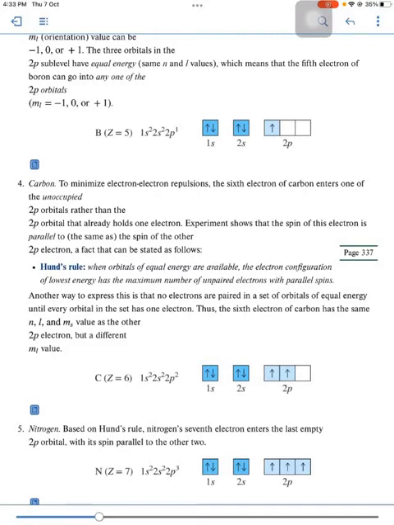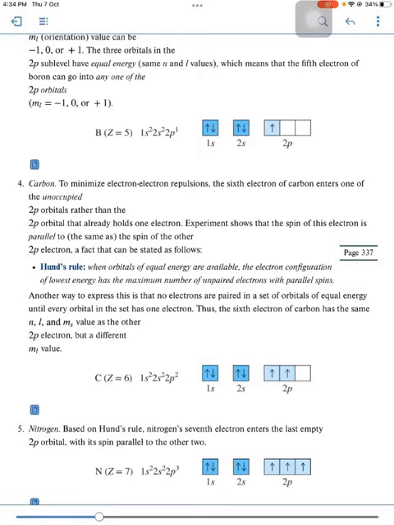Dia kata Hund's rule state that when orbitals of equal energy are available. Remember yesterday I did introduce to you degenerate orbital? Ada kan semalam? I think sempat kot. Ada introduce tak? Degenerate orbital. Anyone remember? Okay, it's okay. Tak apa. I will re-explain to you.